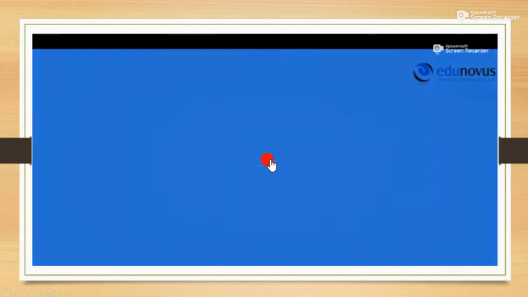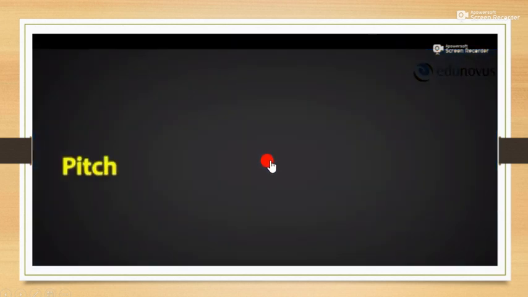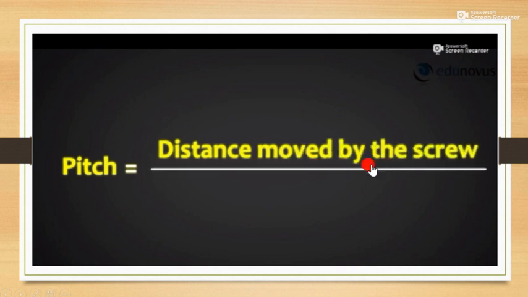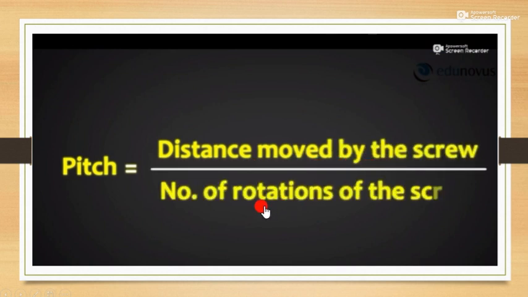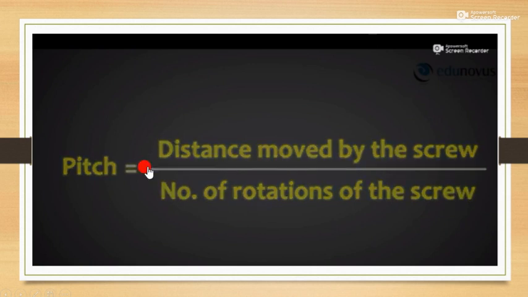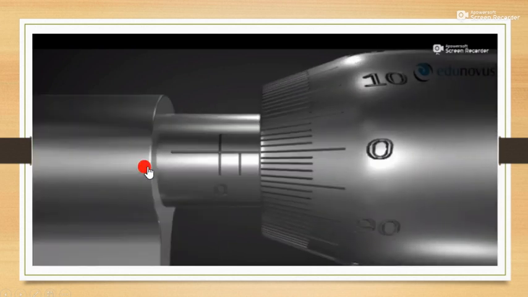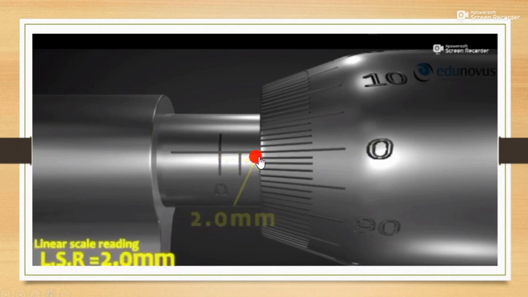Pitch and least count: how to find the pitch? It is equal to the distance moved by the screw divided by the number of rotations of the screw. This is called the pitch. Now, this is 1 millimeter, which is fixed at 0 on the circular scale, and on the main scale it is 1 and 2 millimeters, with 0 fixed at 2 millimeters.